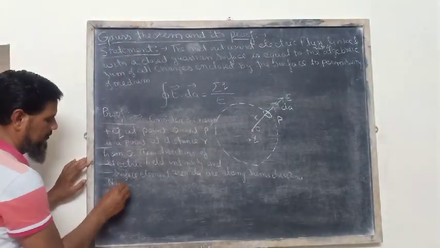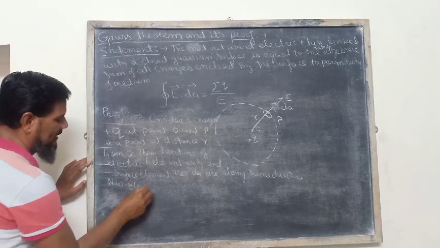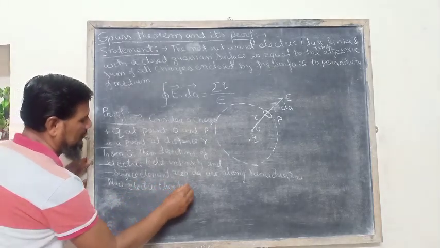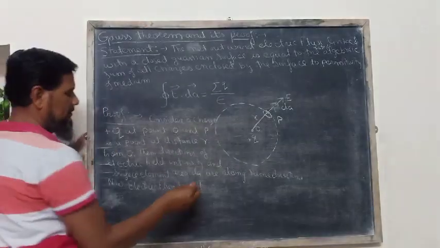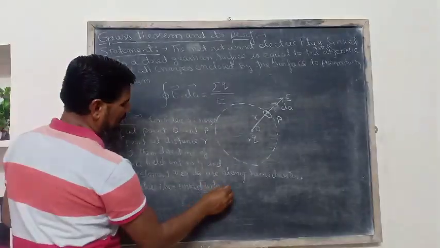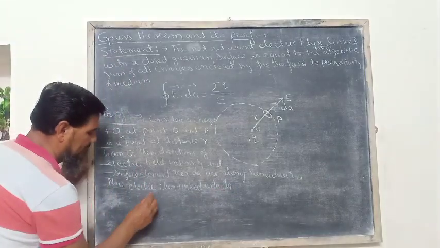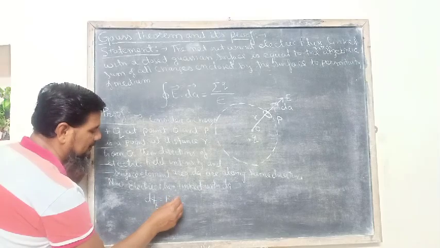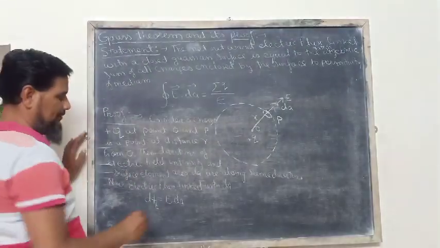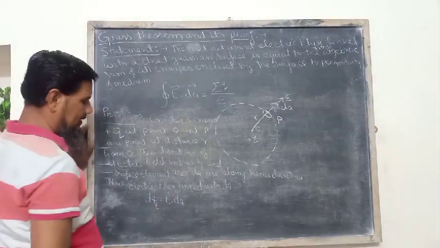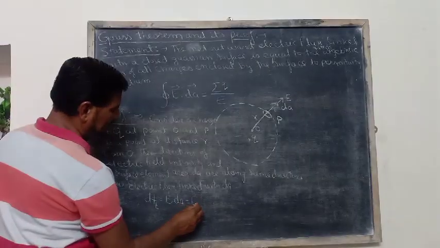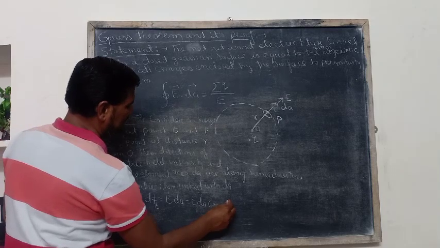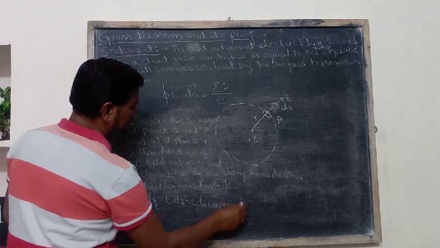Now, the electric flux linked with dA, d phi E, is equal to E dot dA. E and dA are along the same direction, so it is E dA cos 0, and the value of cos 0 is 1, so E dA.